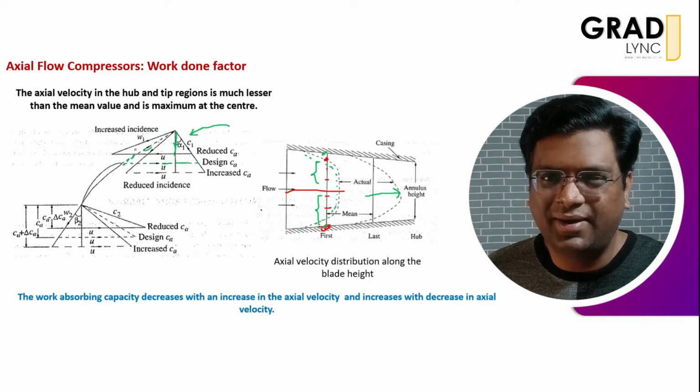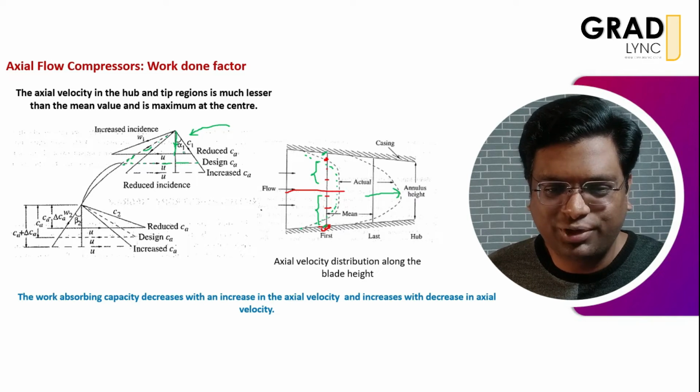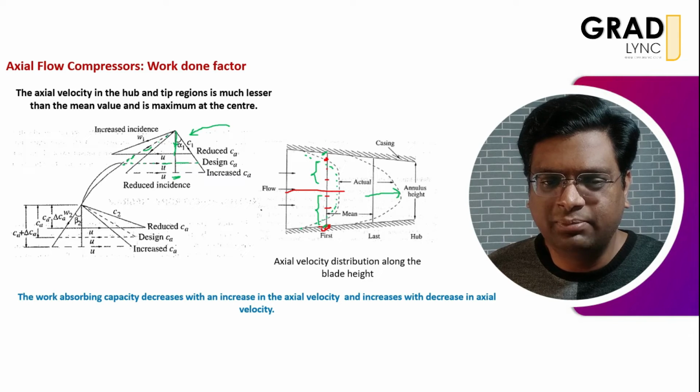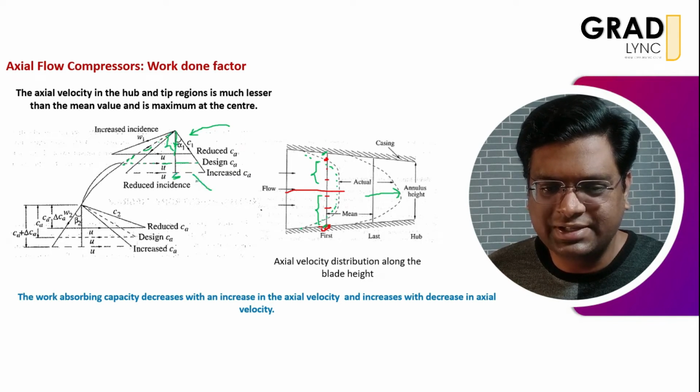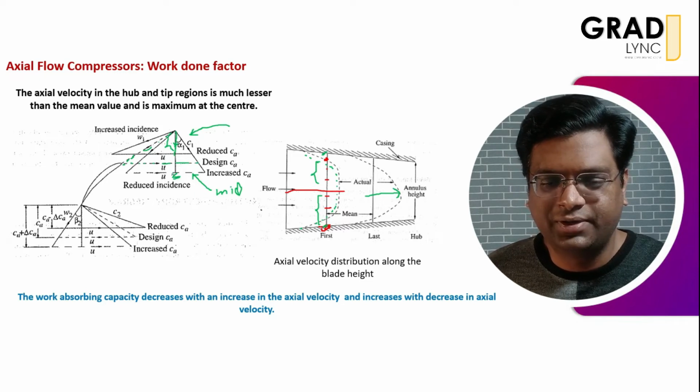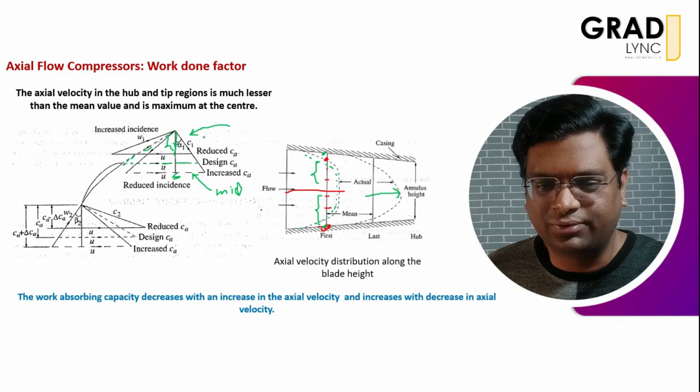So the triangle moves from the lower C1 to the higher C1 values, from minimum axial velocity to the maximum velocity. Now this increased Ca is due to the increase in C1, and that is happening at the midsection of the blade. And again the velocity triangle moves back to the initial value, so this is a cyclic process, right?